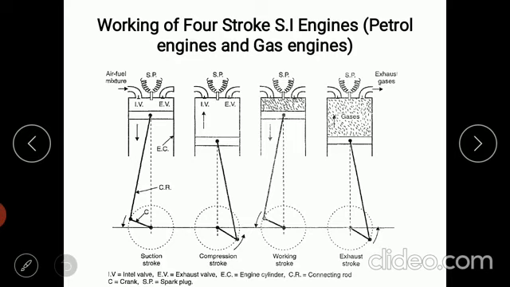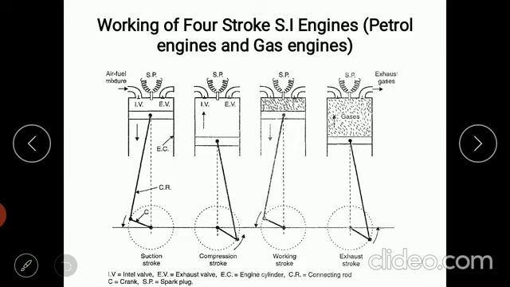Then during the suction stroke, air and fuel will enter the cylinder. Only the inlet valve will be in an open condition. The piston movement direction is from TDC to BDC. When the piston is moving from TDC to BDC, the pressure inside the cylinder drops lower than atmospheric pressure, and then only suction will take place.